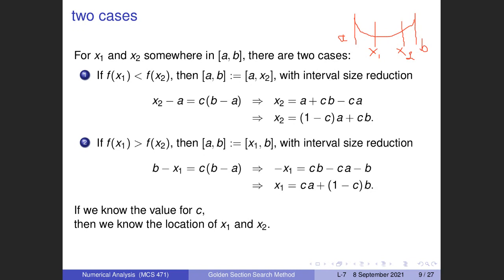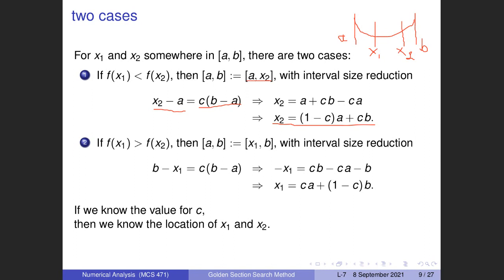So that means that with the constant reduction factor, the length of the new interval is now c times b minus a, and that's also the length of the interval a x2, the new interval, and that leads to a relationship, or a definition if you like, of the point x2. If we want this constant reduction factor, then x2 is entirely determined by the bounds of the enclosing interval and the reduction factor.